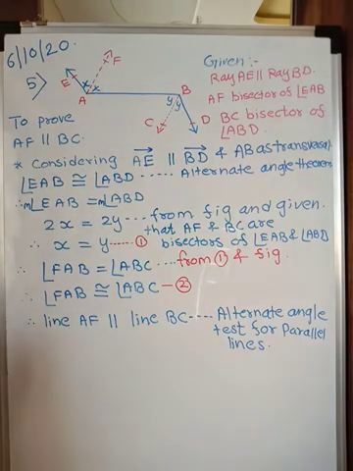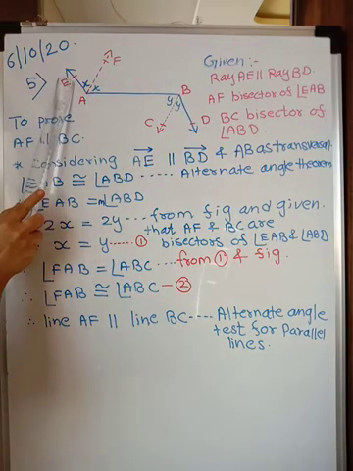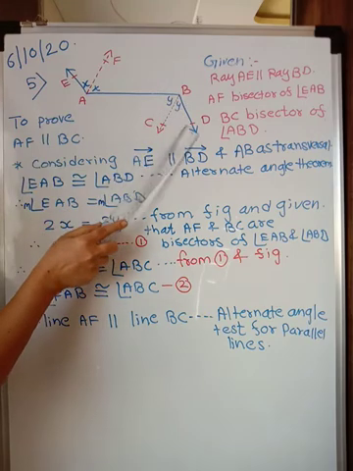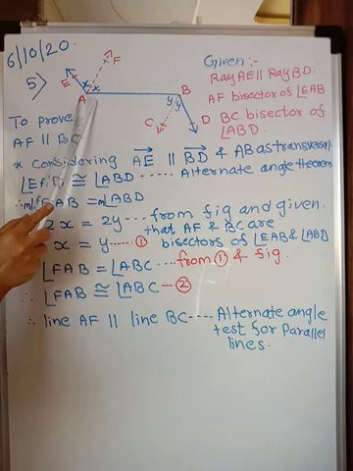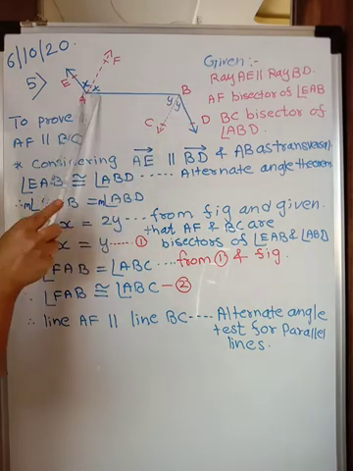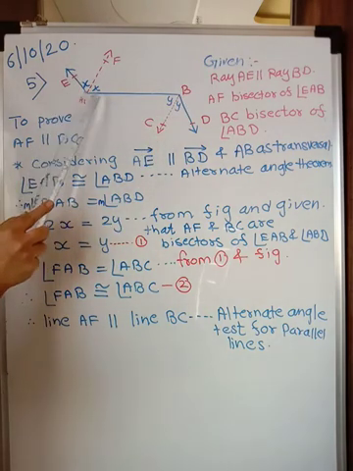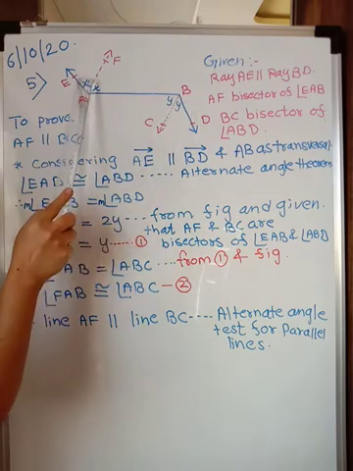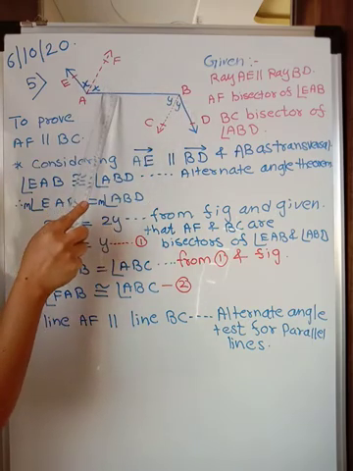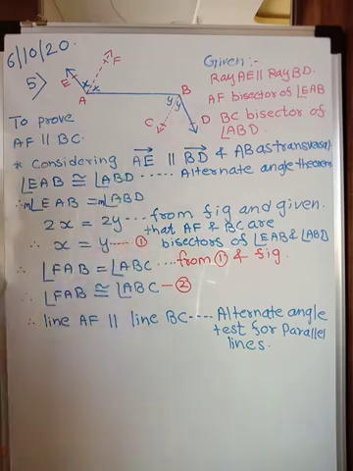One more thing they have given: AE is parallel to BD. Can you see these two? These two are parallel to each other. If you consider AB as transversal, with AE parallel to BD, then this complete angle and this complete angle are alternate angles.